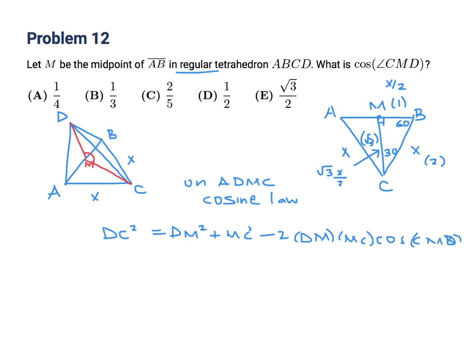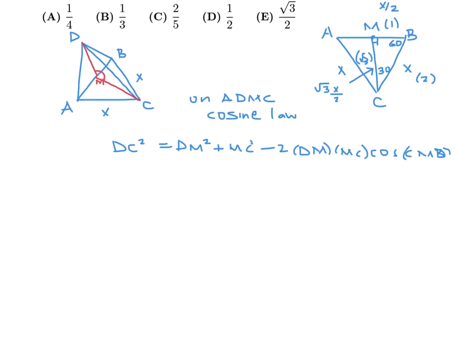All right. Okay, so DC, I believe, was x. So that's x squared. DM, that's root 3x over 2.